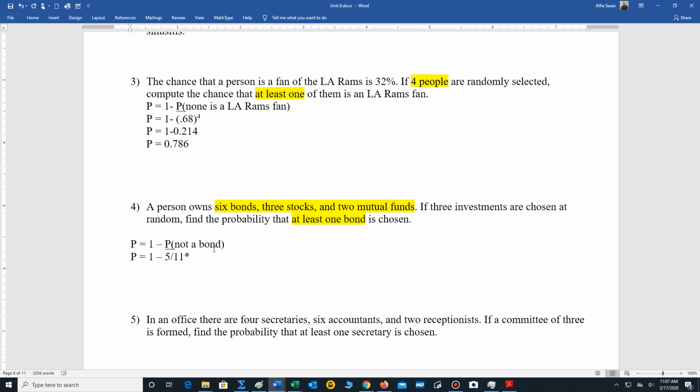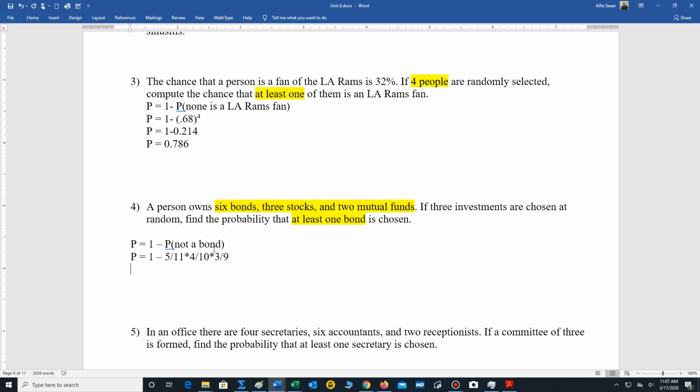So now the probability that the next item we select is not a bond is 4 out of 10, because we're reducing our selection. There's only 10 investments and one item that's not a bond has been removed. And finally, for the last non-bond investment, we only have 3 possibilities out of 9.